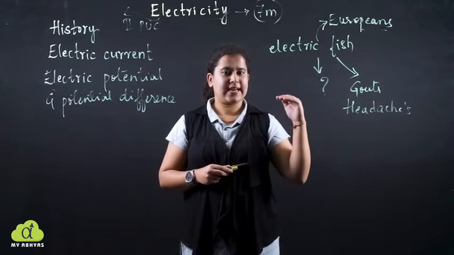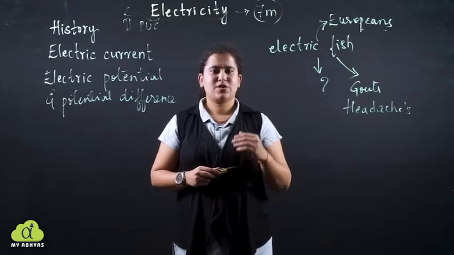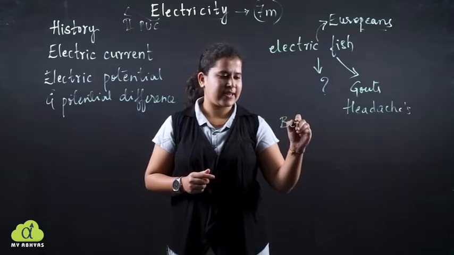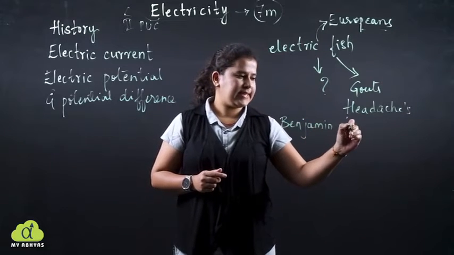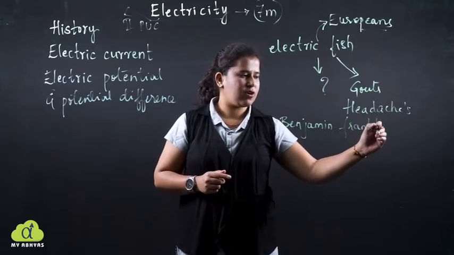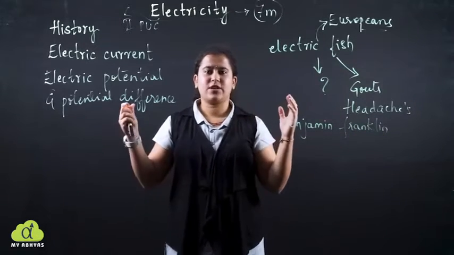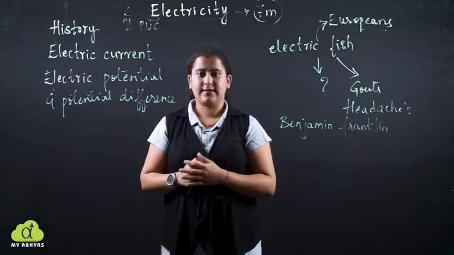After this electric fish concept, then came the lightning concept. This was none other than Benjamin Franklin. I think you know what lightning is. There is thunderstorm and lightning whenever it rains, right? Whenever two clouds come into contact, there is a huge lightning.